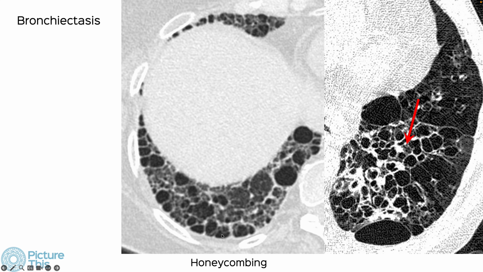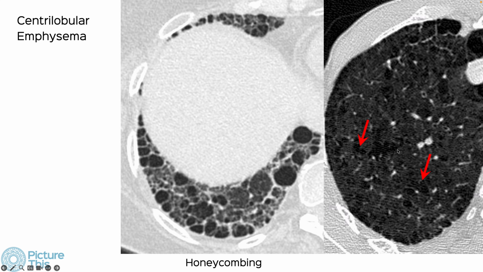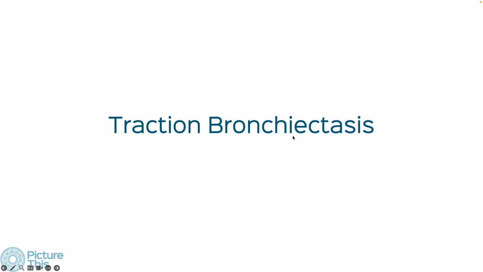So there's honeycombing on the left, bronchiectasis on the right, where we'll see branching lucencies extending from the hilum to the periphery, and centrilobular emphysema, where we see cysts without walls next to vessels, and that's how we can differentiate them. The others also, by and large, are easy to distinguish from honeycombing, which is important because honeycombing defines a fibrosing ILD with a lot of specificity.